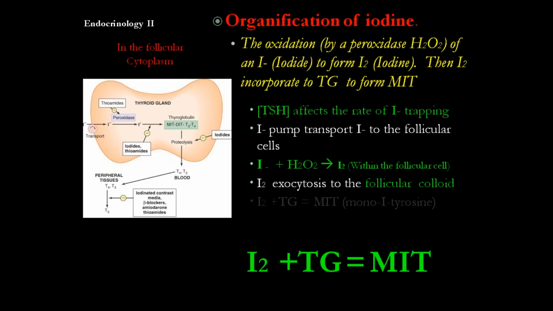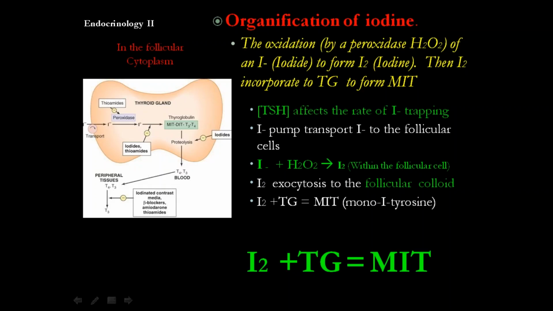All right, so when the iodide enters the follicular cell, inside the follicular cell it finds this peroxidase, and they are going to form the iodine. This iodine in the cytoplasm of the follicular cell is then going, through exocytosis, into the colloid.